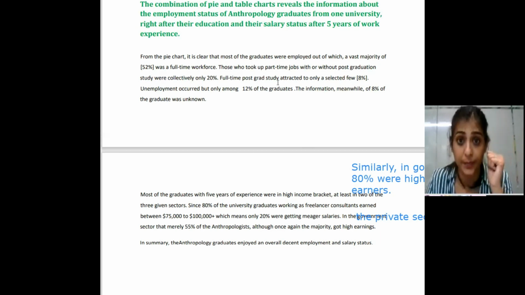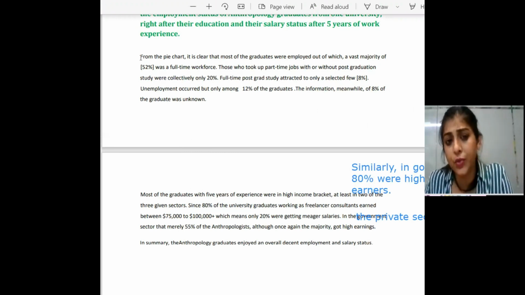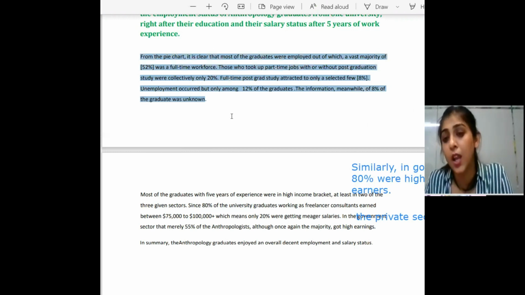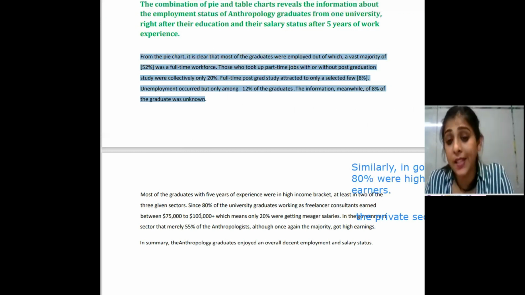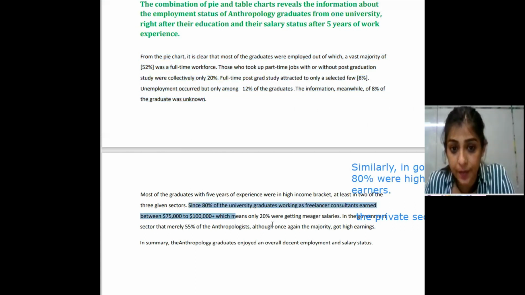So in order to show you what the complex and simple sentences are in this task as well, as we have here, what is the simple sentence here? As we can see, most of the sentences in the first paragraph are simple sentences. And now, in the second paragraph, this sentence with since is a compound sentence because we have linked it with the word since, and you can cut which means and put a comma here.